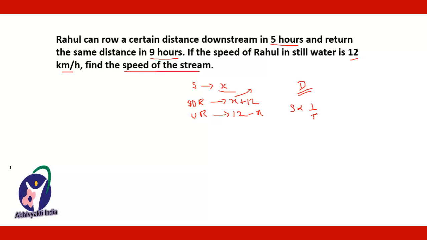And since speed is inversely proportional to time, you will get 12 minus x upon 12 plus x, the ratio of their speeds inversely proportional to the ratio of the time taken, so it will be 5/9.